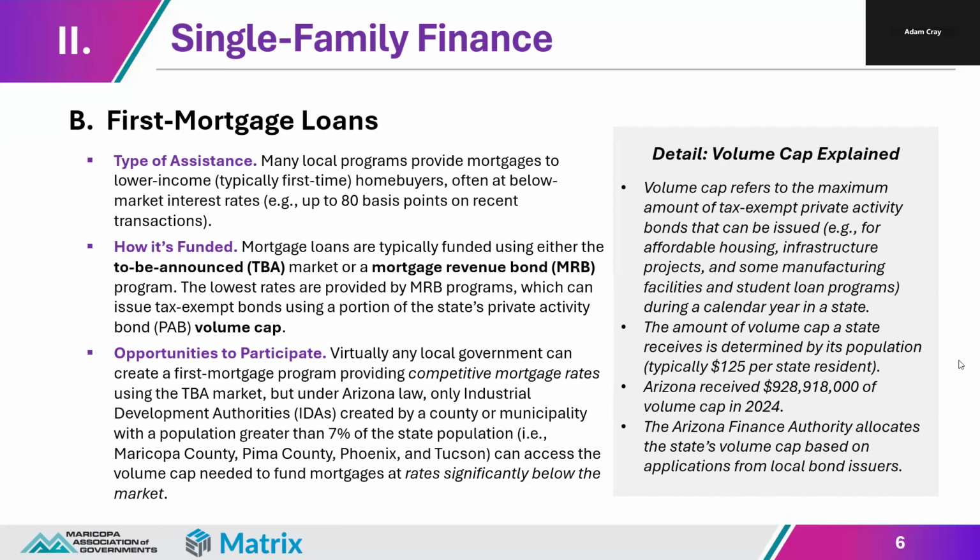In terms of how local governments can participate in a program like this, virtually any government can create a first mortgage program and provide pretty competitive rates, like I said before, but you're not going to get the real deep discounts unless you are one of the big four IDAs in Arizona: Maricopa County, Pima County, Phoenix, and Tucson, because under state law, only those programs can access volume cap for single-family purposes.